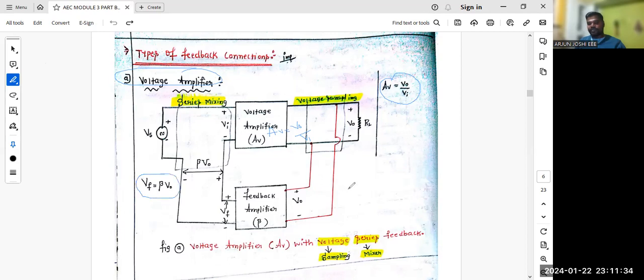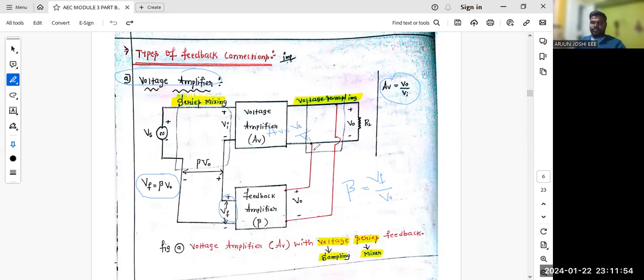Beta is nothing but feedback gain, the output of feedback Vf divided by the input V naught. We should know both equations to write this connection.